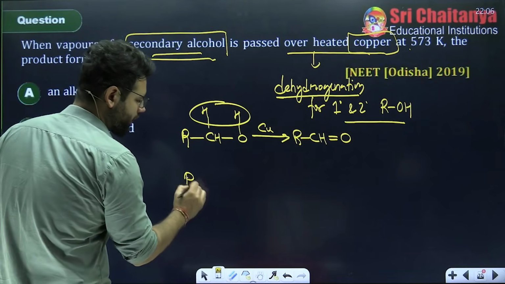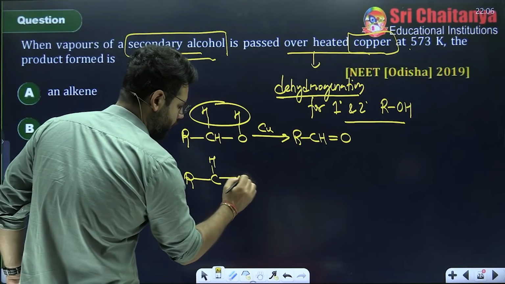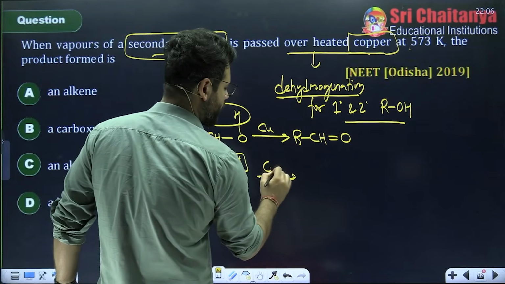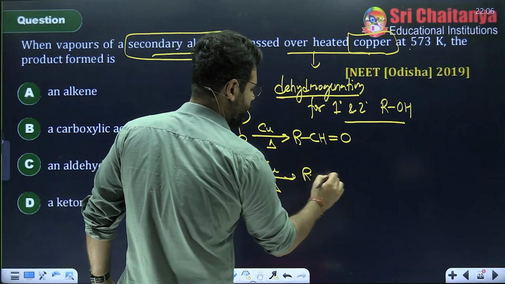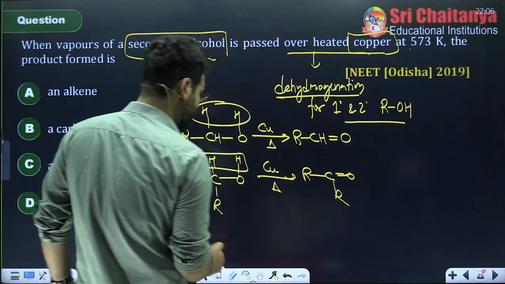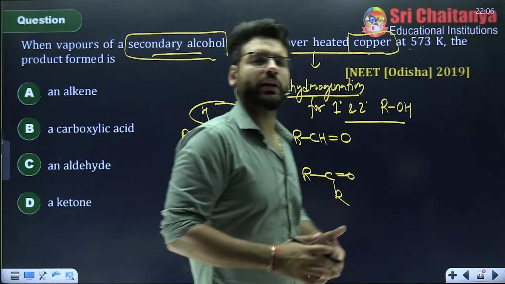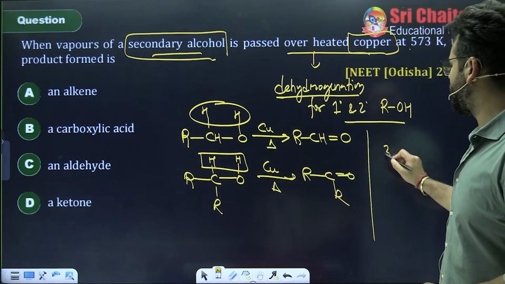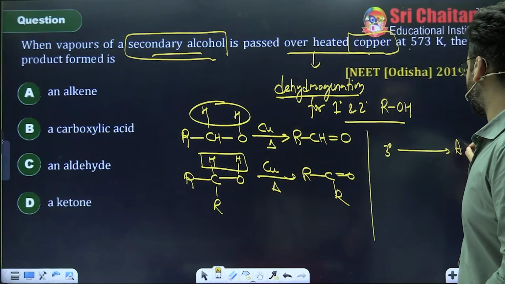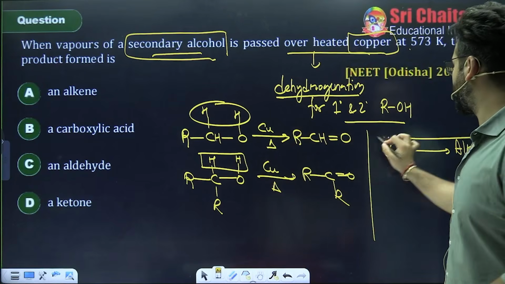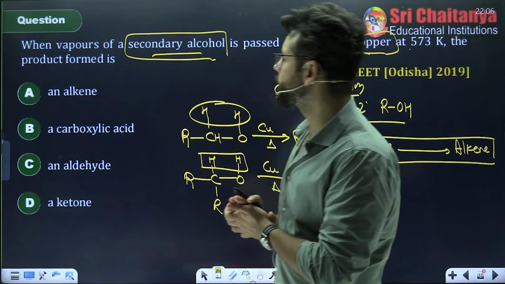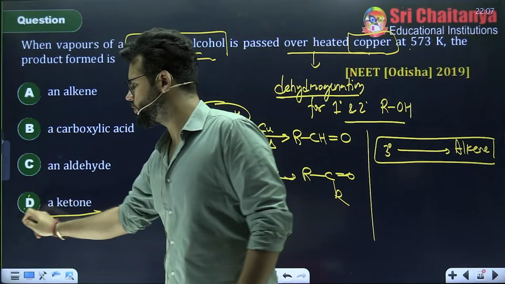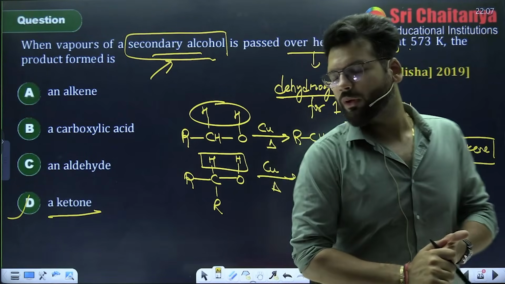On a secondary alcohol, dehydrogenation using copper at 573, we get a ketone. And tertiary do not undergo dehydrogenation because there is no beta hydrogen present. It undergoes dehydration. Tertiary gives alkene, just like an E2 elimination reaction, we get a Zaitsev alkene. But secondary would give you a ketone, which is option D. Okay, a simple question, option D.